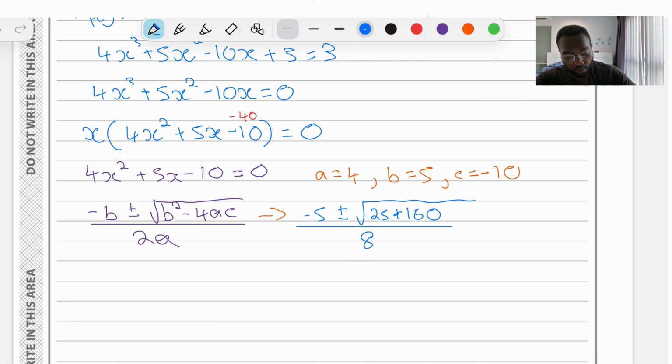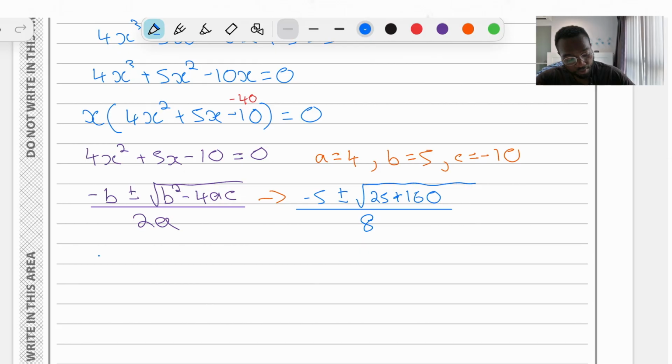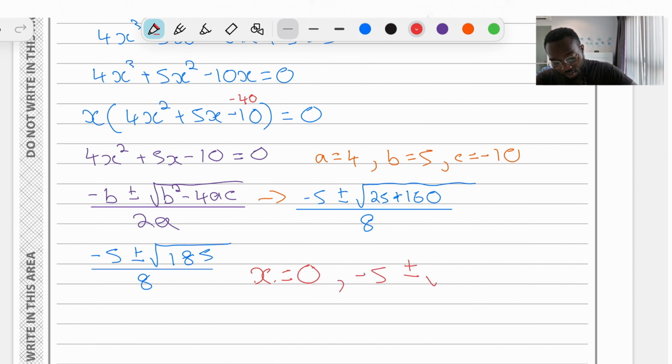So therefore, if we simplify this down a bit, we would get minus 5 plus or minus the square root of 185 over 8, okay? And therefore, we've got our solutions now. We know x is going to be 0, and x is also going to be minus 5 plus or minus the square root of 185 over 8.